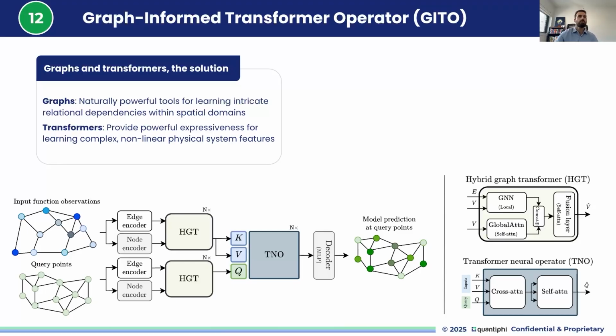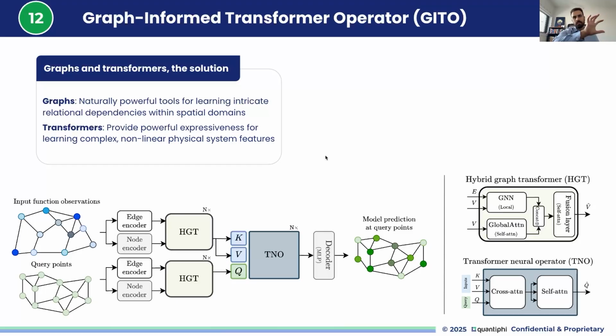The model has two components, graph and transformer. Why graph? Because graphs are perfect tools for modeling very intricate and complex relational dependency in the spatial domain, which is the case for many engineering setups. And transformers, we want to leverage their expressiveness to model complex and nonlinear physical systems.